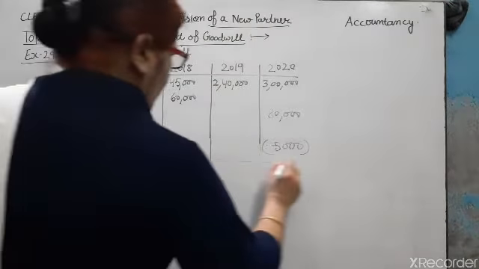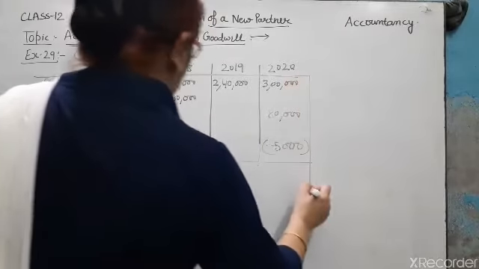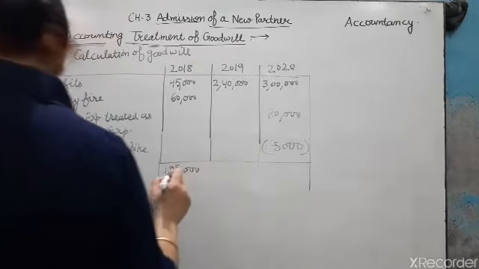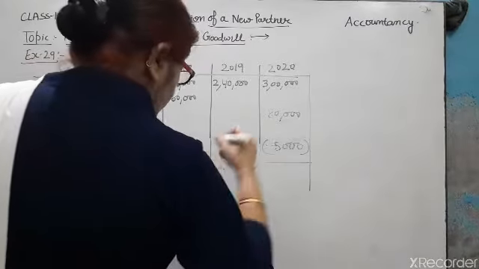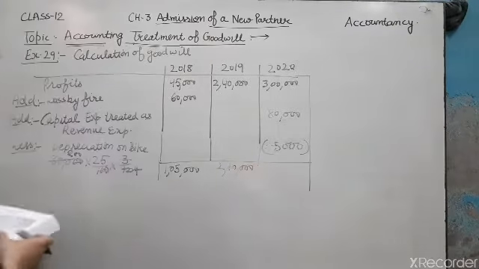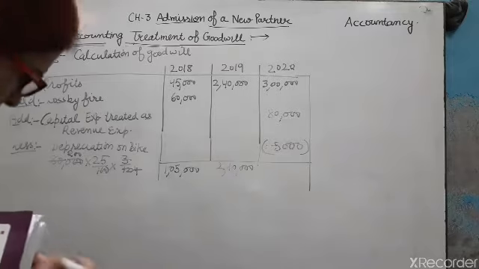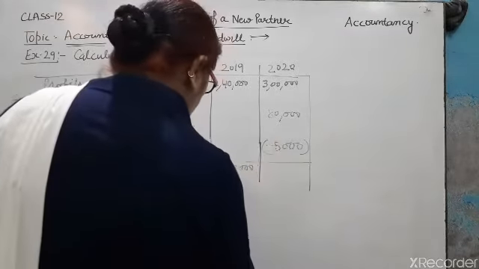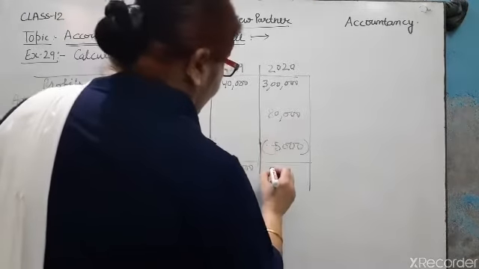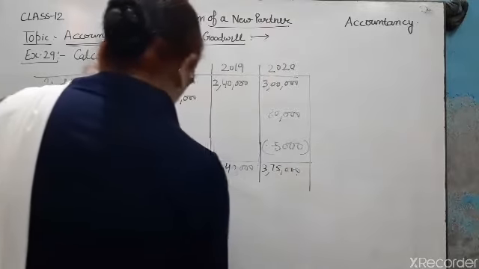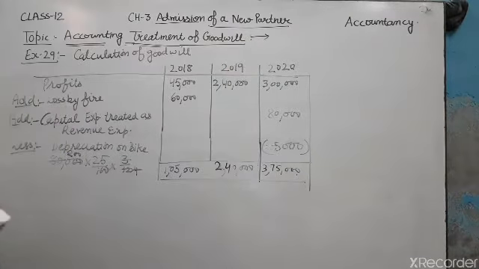Now we calculate the adjusted profit. Here 1,05,000. There is no change in the profit of 2019, and 2020 profit is 3,80,000 minus 5,000, 3,75,000. Now we calculate the value of goodwill at 150%.